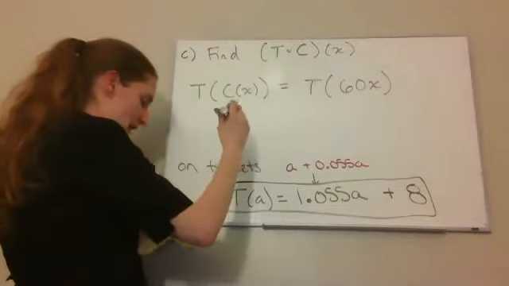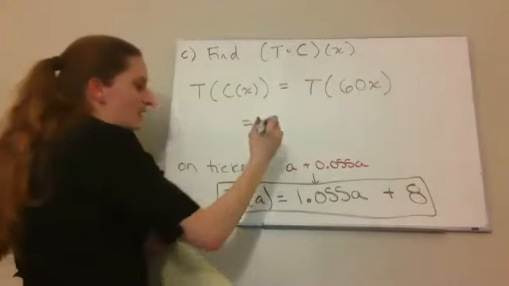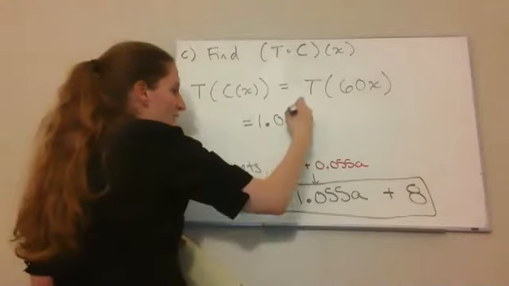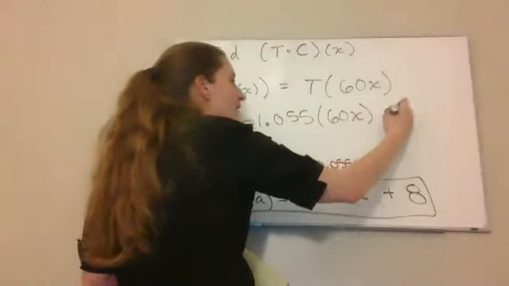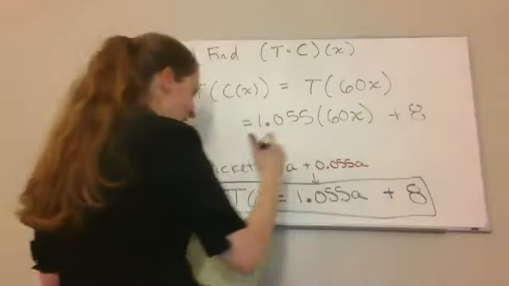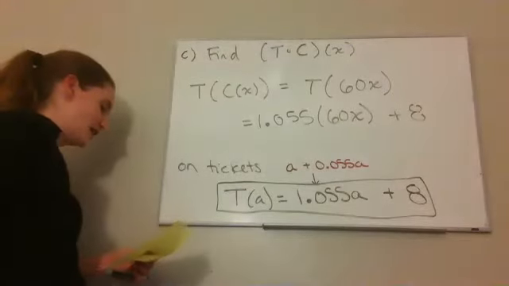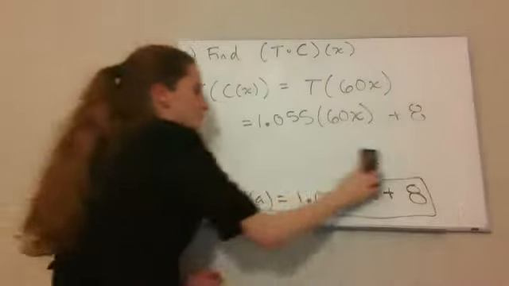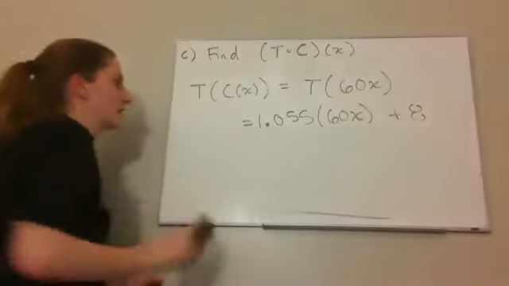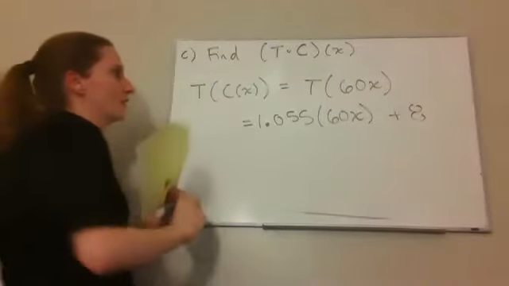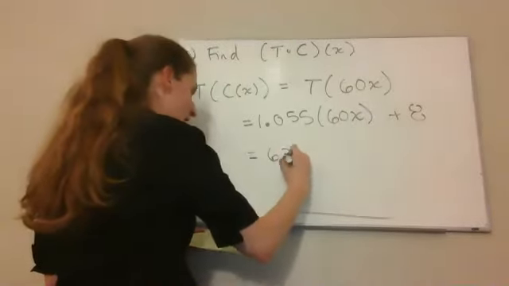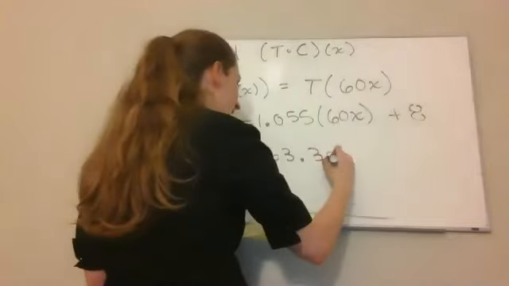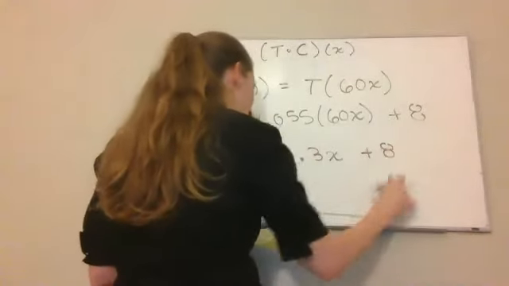And so I'm going to get 1.055 times 60x plus 8. And then if I simplify that, I get 63.3x plus 8.